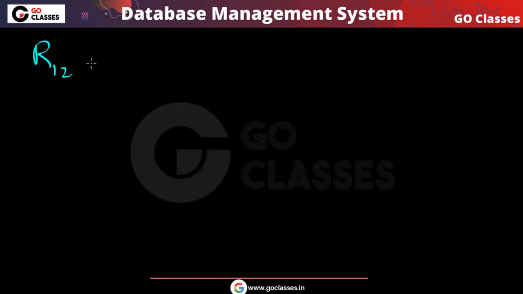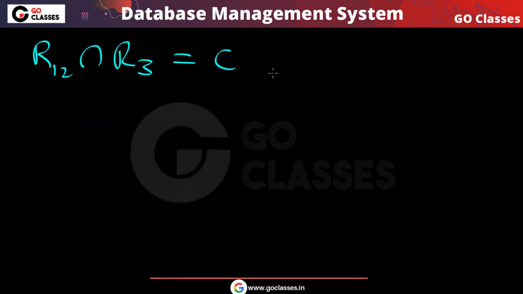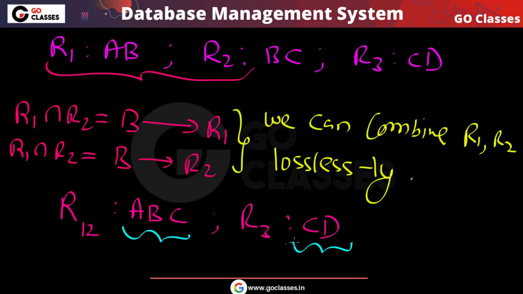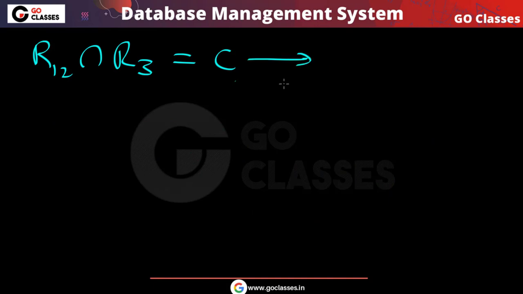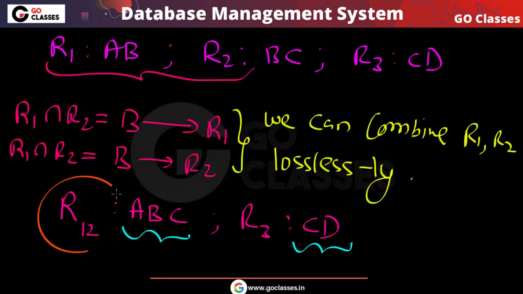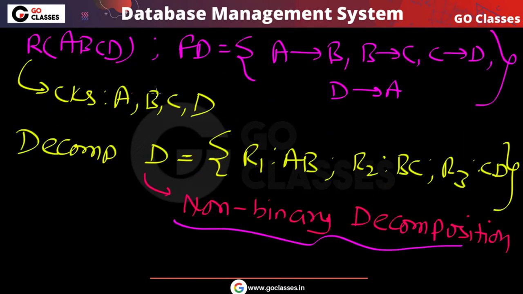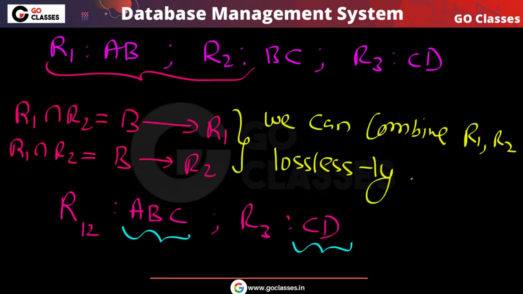Again, we find the common set of attributes. What is the common set of attributes between R12 and R3? The common set of attributes is C. Now find out whether this common set of attributes is a super key in R12 or R3. Yes, it is a super key in both the tables. C can determine both these relations, because C is the common set of attributes, and we have seen C is a candidate key, so of course C can determine everything.